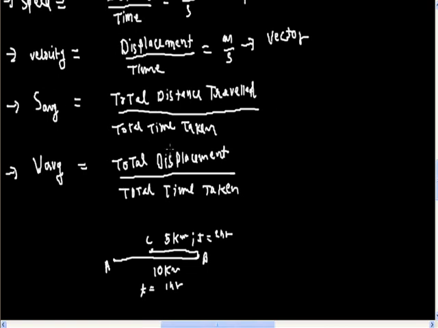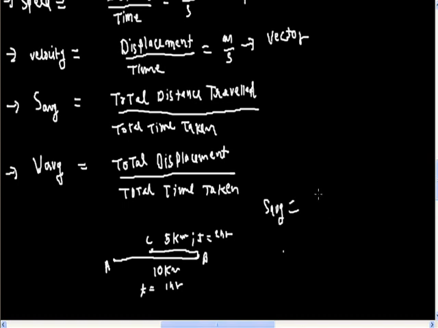The average speed is total distance. In average velocity there is total displacement. So we apply the formula. S average. Now tell me what the total distance is. Total distance is the net path traveled by the object. 10 km plus 5, that is the total path traveled.